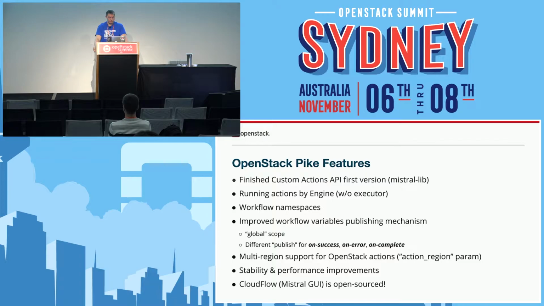We have the repository called Mistral Extra, where we initially had a number of examples of Mistral workflows, and where we tried to show some typical use cases that could be automated with Mistral. We decided that this repo is going to be a storage for all kinds of integration things, including different kinds of actions, and including OpenStack actions.